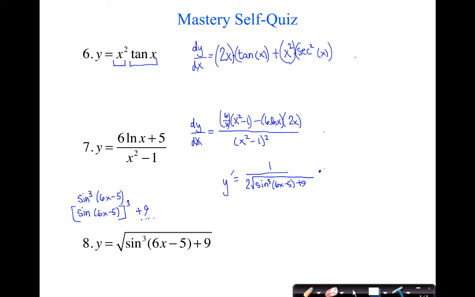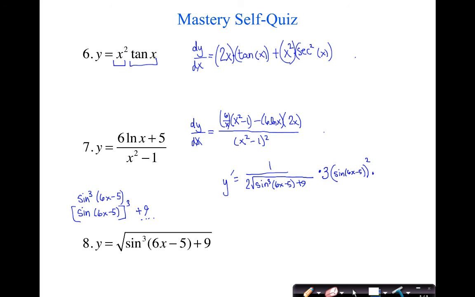Well, something raised to the third power, when I take its derivative, is going to be to the second power afterward. And just like when you take the derivative of x cubed, you get 3x squared, if I have this sine function cubed, I get 3 times that sine function squared. Sine of 6x minus 5 squared.